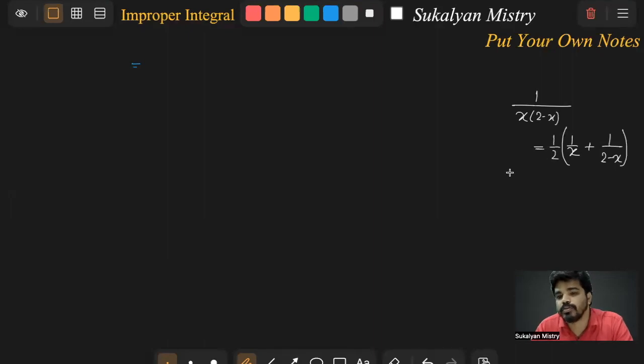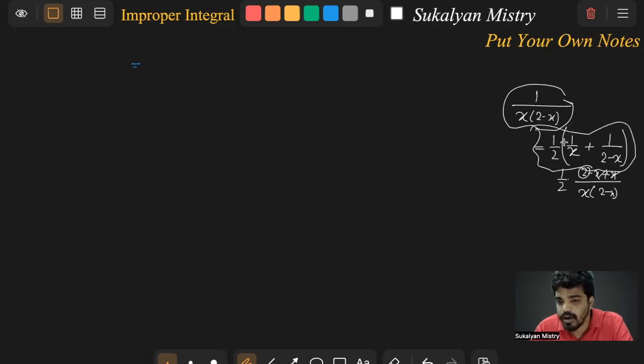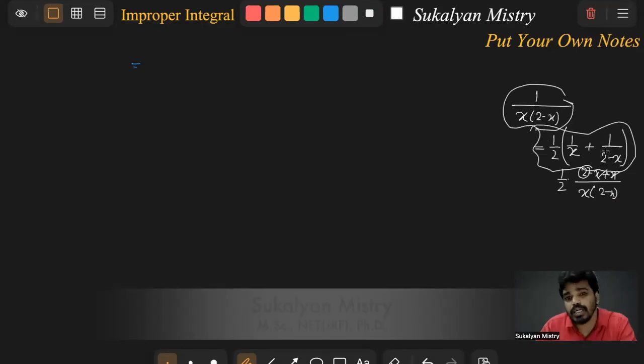Take the LCM: x into 2 minus x, so that is 2 minus x plus x, minus x and x cancel, and an extra 2 comes, for that reason I multiplied by 1 by 2. So 1 by x into 2 minus x can be written as 1 by 2 into 1 by x plus 1 by 2 minus x.